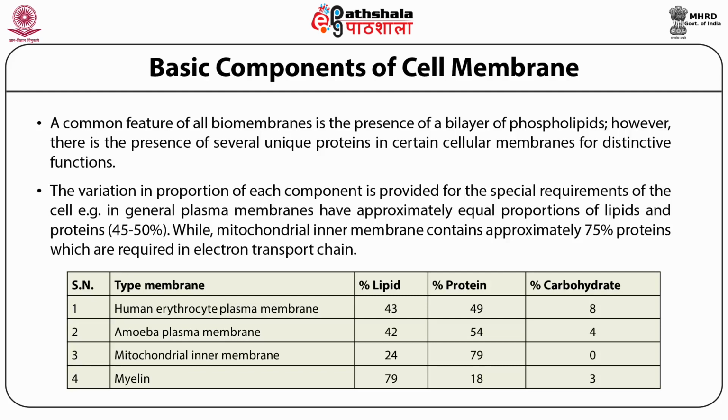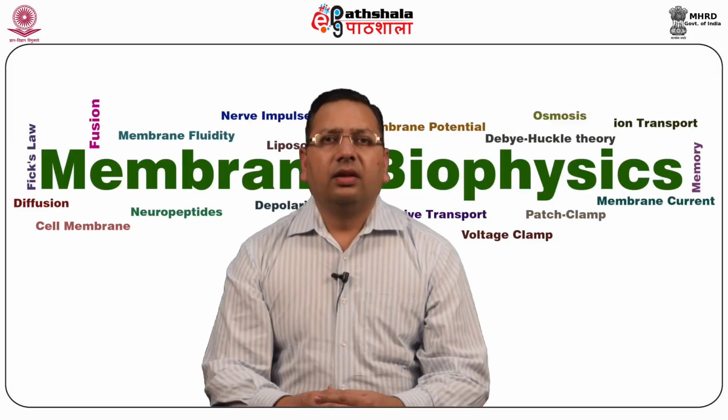While in case of myelin sheath, which is present in axons, you will find that lipid content increases up to the level of 80% and proteins go down to 18%, and the carbohydrate moieties are 3% of the total weight of the membrane.